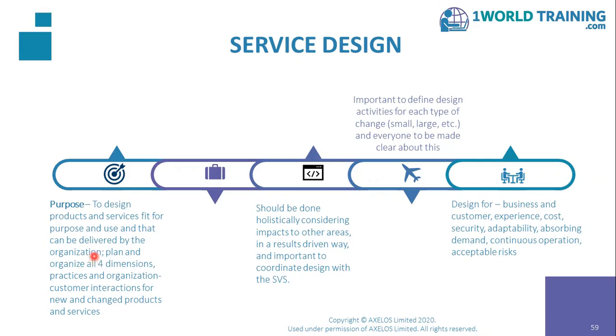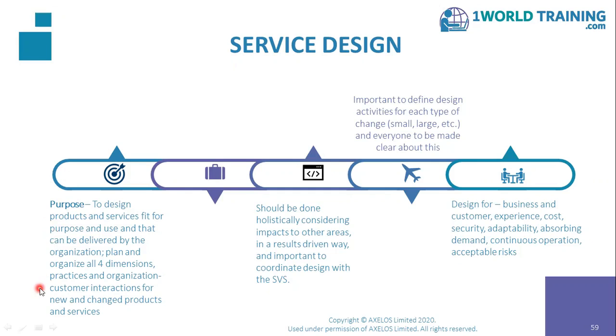So service design includes the planning for an organization of those 4 dimensions, and also the relevant practices associated with the organization's products and services, which means the service design practice should consider all other relevant practices, such as infrastructure and platform management, knowledge management, etc., if they are necessary to develop and deliver various products and services.